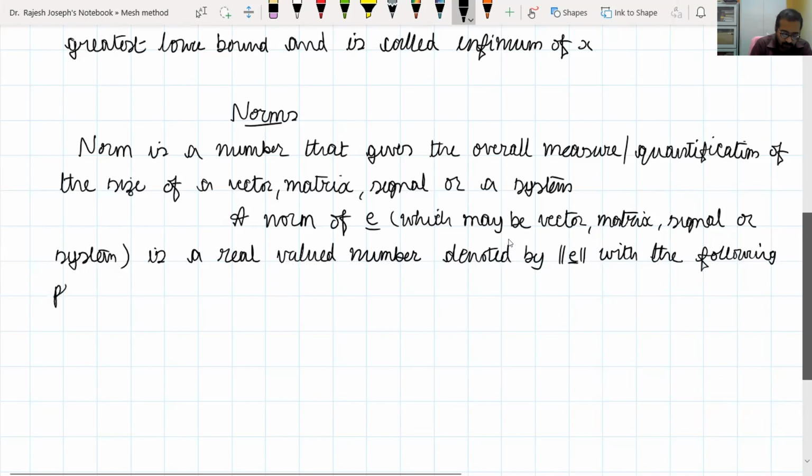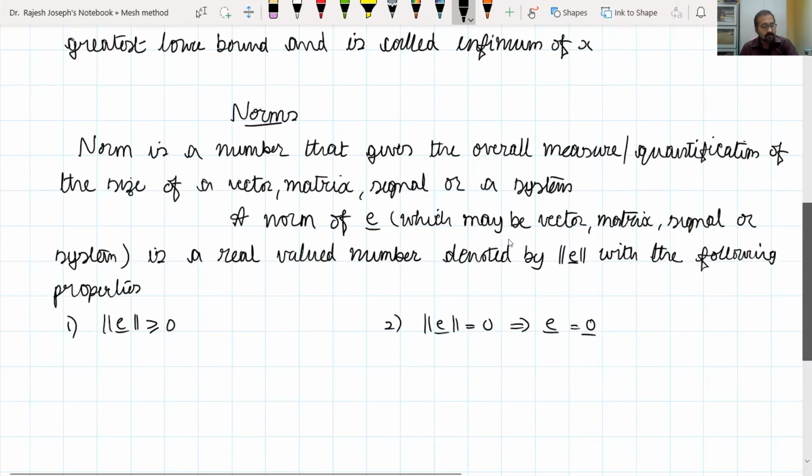1. Norm of E bar is greater than or equal to 0. It will always be either 0 or greater than 0. 2.